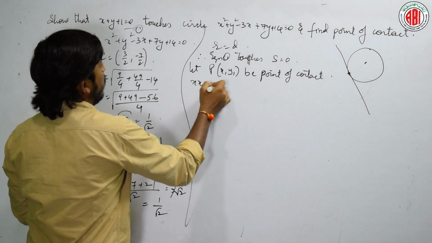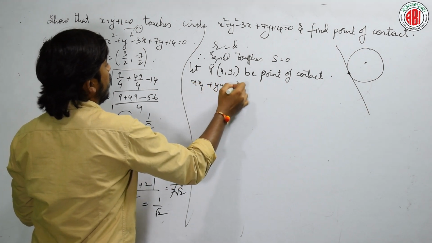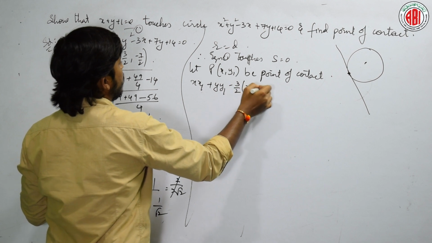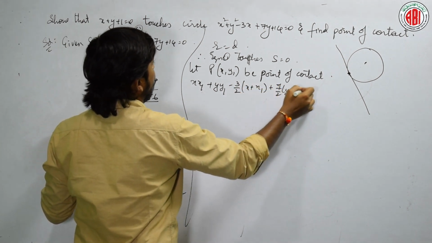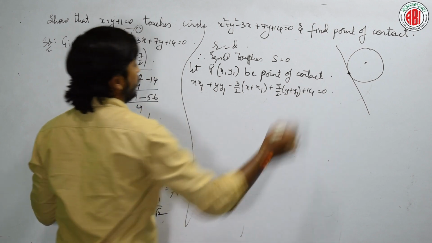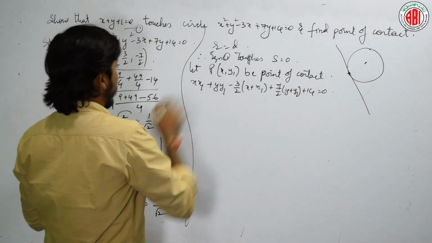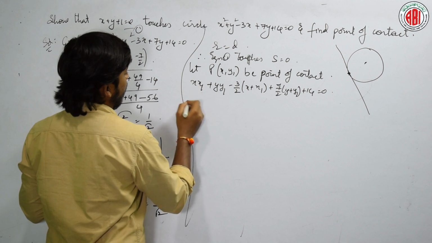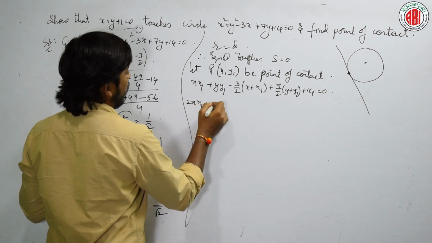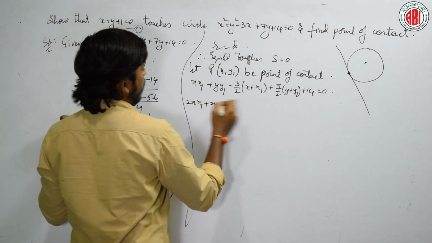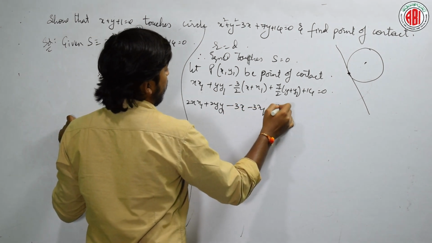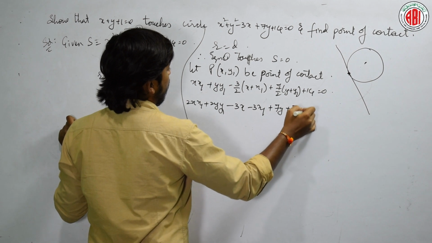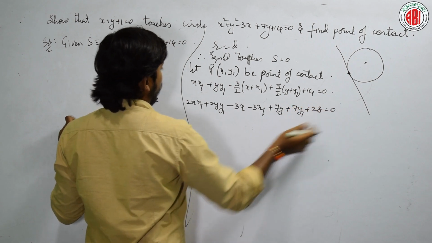x1 plus y1 minus 3 by 2 into x plus x1 plus 7 by 2 into y plus y1 plus 14 equal to 0. Clear? Let us take the LCM and multiply directly. 2x(x1), 2y(y1) minus 3x(1) plus 7y plus 7y1 plus 28 equal to 0.